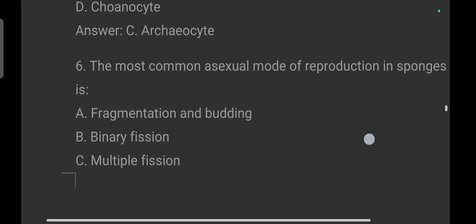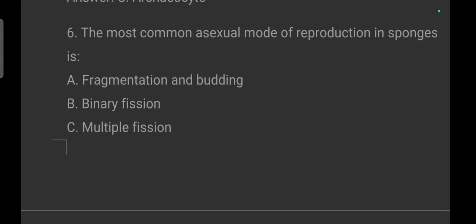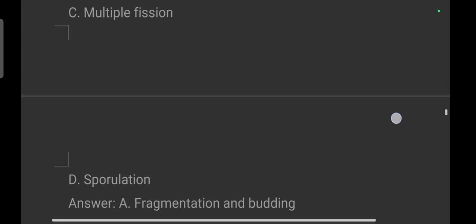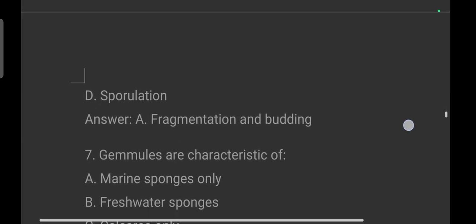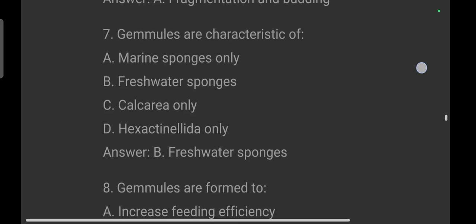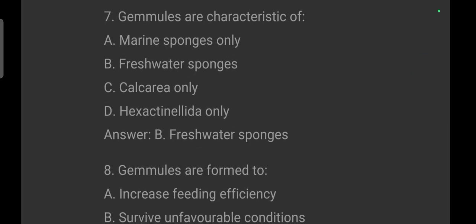The most common asexual mode of reproduction in sponges: fragmentation and budding, binary fission, multiple fission, or sporulation. Answer is fragmentation and budding. Gemmules are characteristic of marine sponge, freshwater sponge, Calcarea sponge, Hexactinellida only.